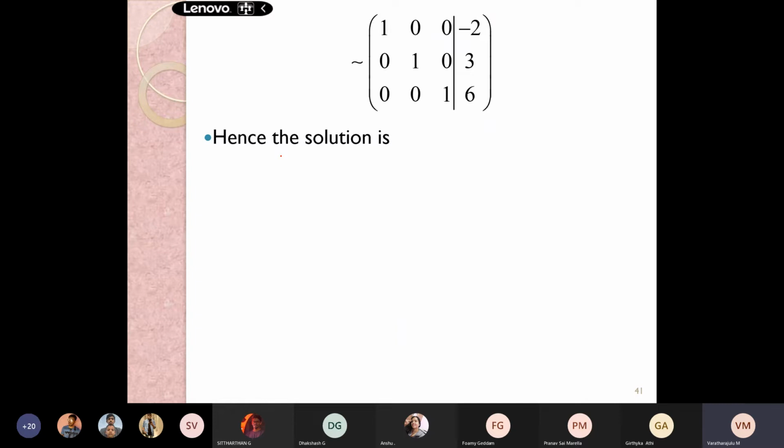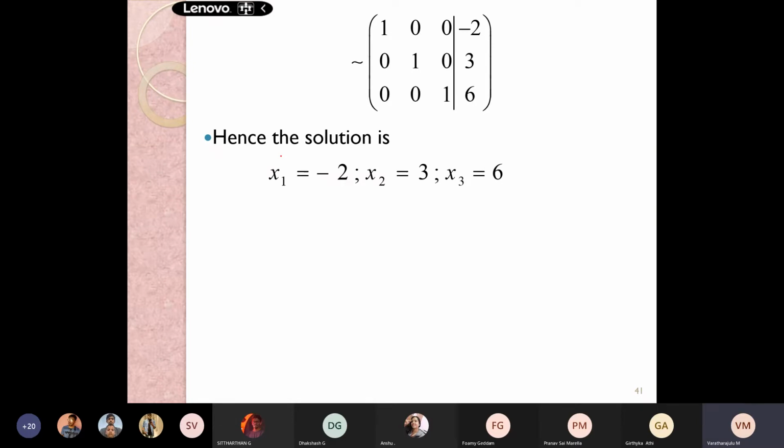See, this is the result. That is what the Gauss-Jordan method is all about. Minus 2, 3, and 6.